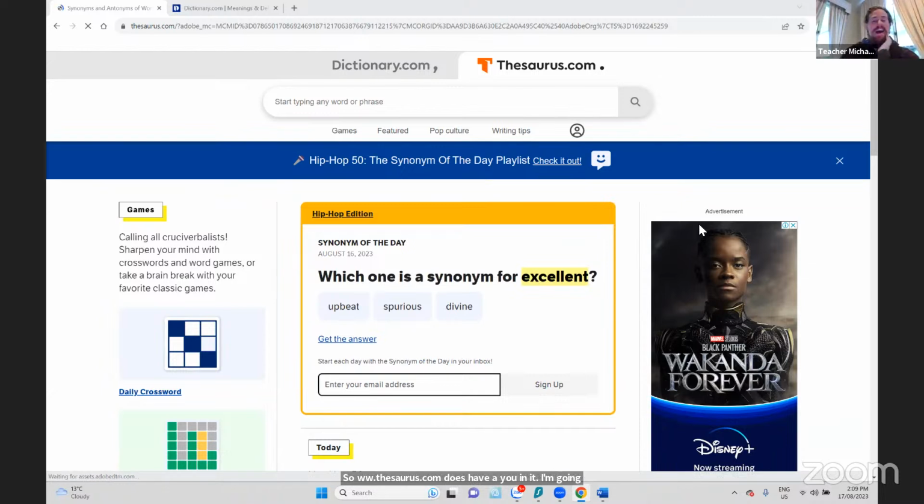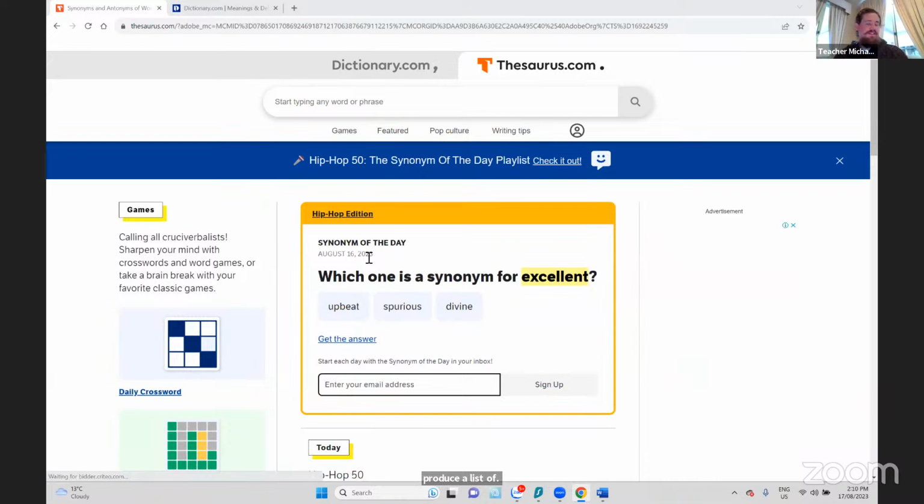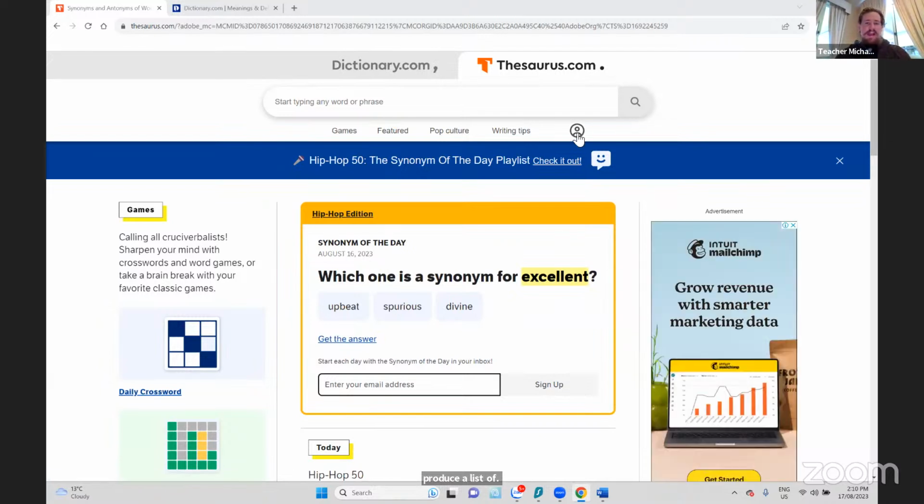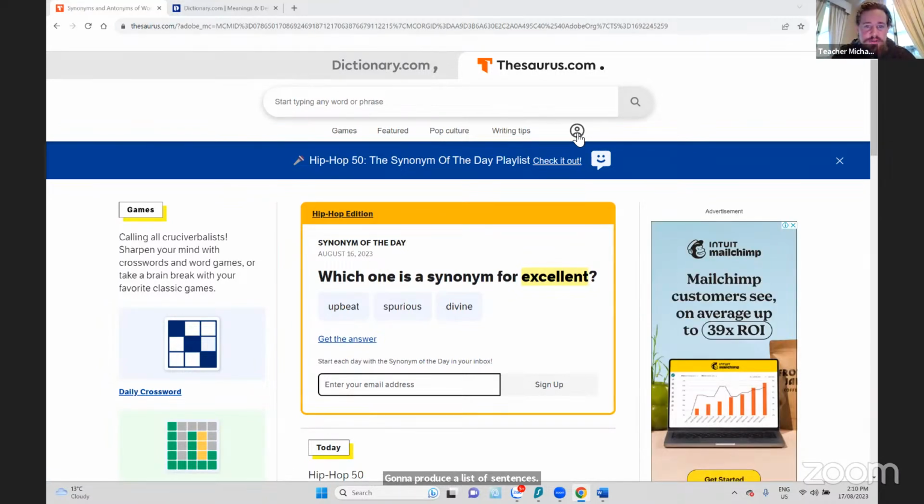Sorry, kids. But yeah, go to thesaurus.com, or if you have a preferred one you already use, feel free to use that one instead. What we're going to do is I'm going to produce a list of sentences and we are going to formalize them.